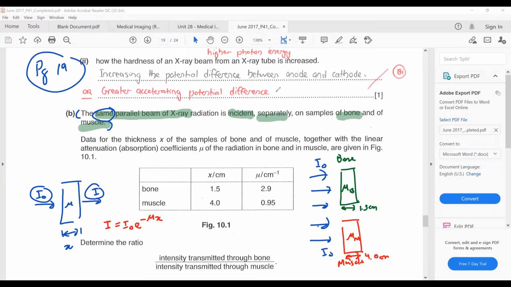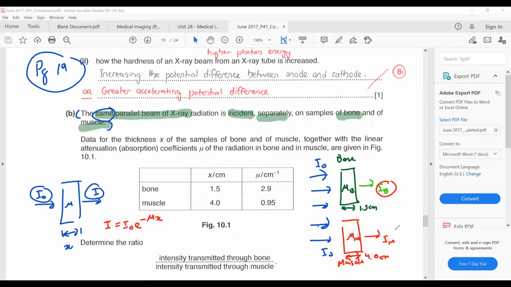But because they're passing through different mediums, you will expect that the intensity of the X-rays will be absorbed by different amounts, so that whatever intensity you have remaining would actually be different. So here you will get the remaining intensity for bone, and here the remaining intensity for muscle. If I want to find the intensity transmitted through the bone, it is this one.